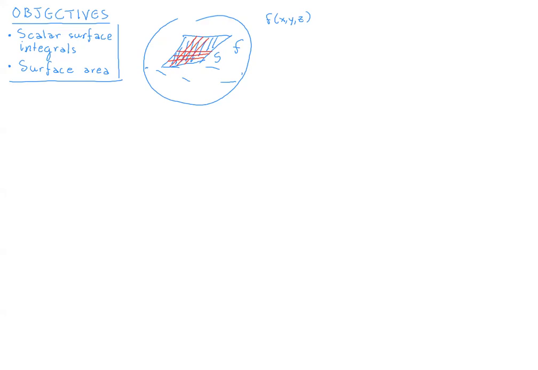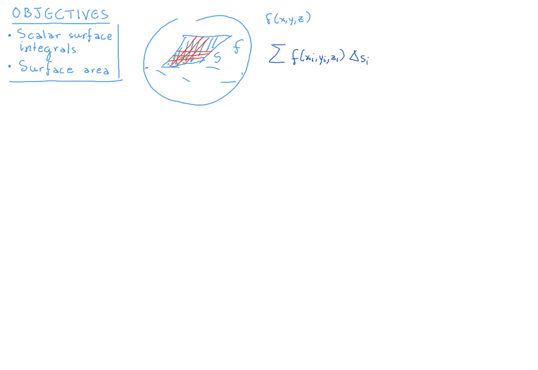On each piece, choose one point, and form a sum where we take the value of the function at the point and multiply it by the area of the corresponding piece, and we add all of this.